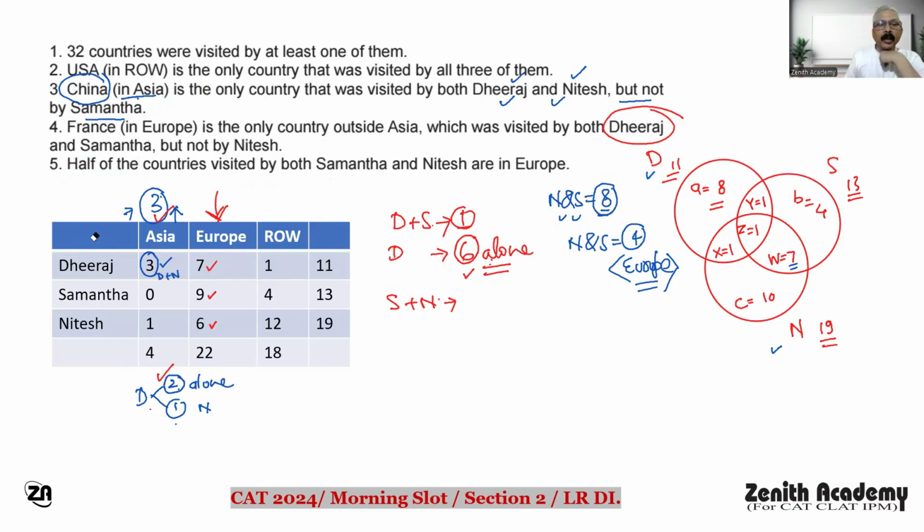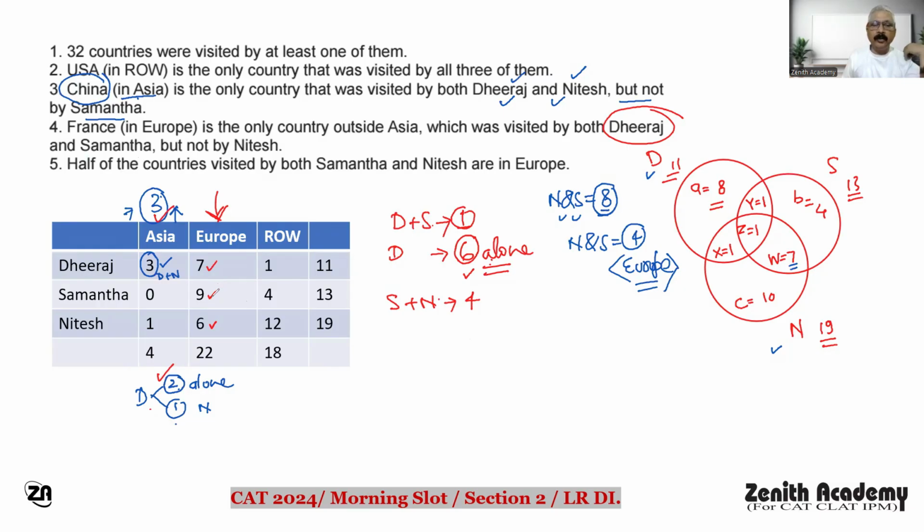It means in Europe, Samantha and Nitesh, four countries. Okay, Samantha actually visited nine countries. So four countries with Nitesh.